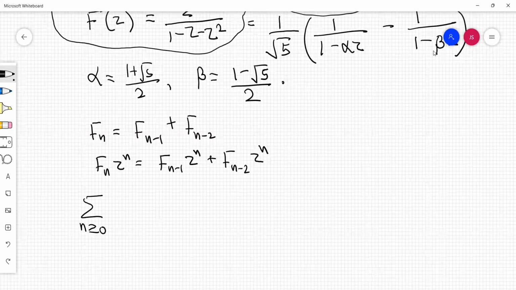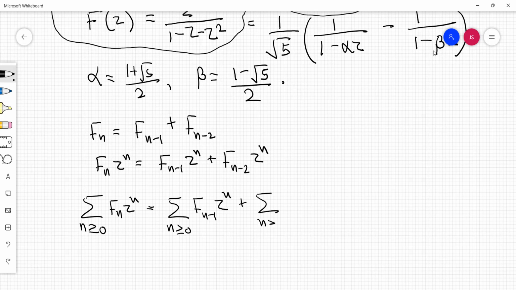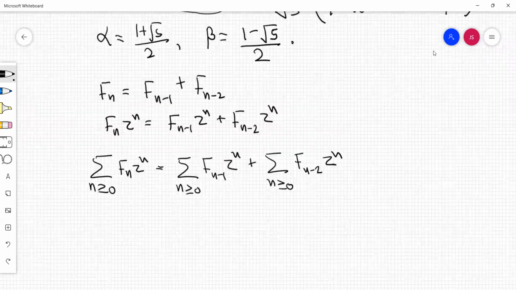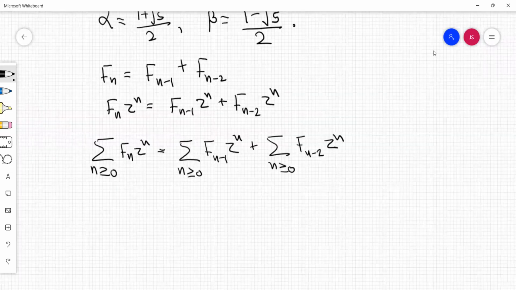Greater than or equal 0. Finish it then. Right? Yes. Okay. Then Fz plus Z in the left hand side.